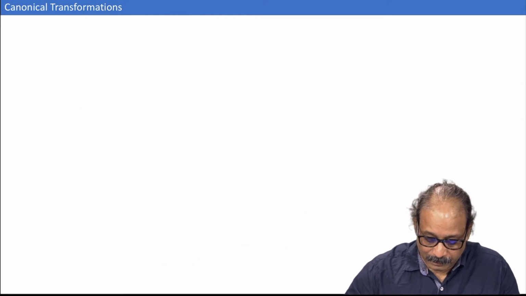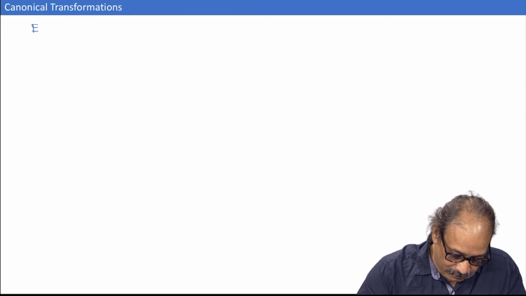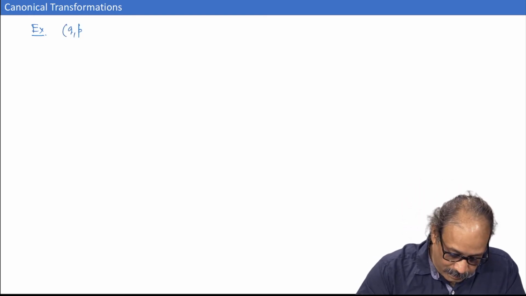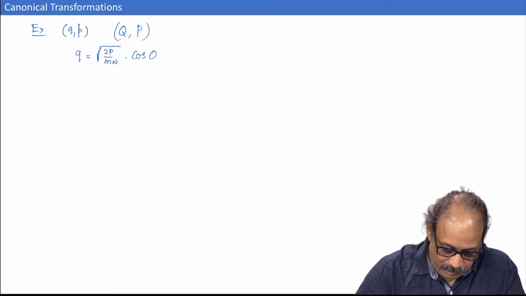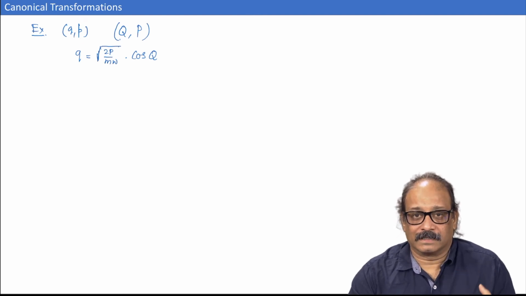I will do one more example, the example of the harmonic oscillator. Okay. So, here the transformations are, so your old coordinates are q and p, new coordinates are capital Q and capital P. So, the transformations are small q is equal to square root of 2P by m omega times cos of capital Q. So, what we are writing here is actually the inverse transformation, but it does not matter.